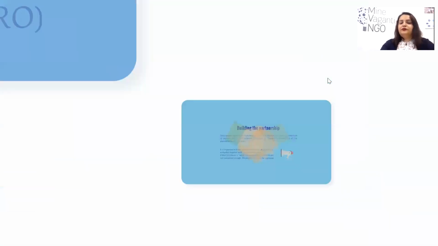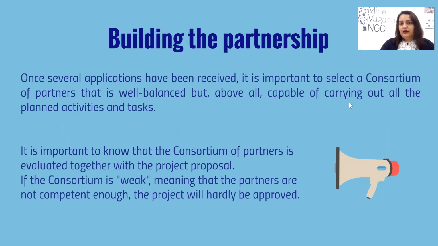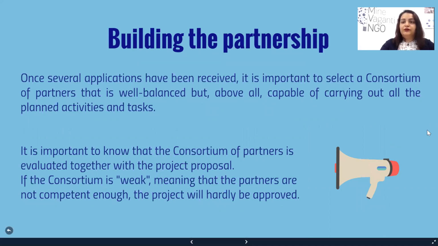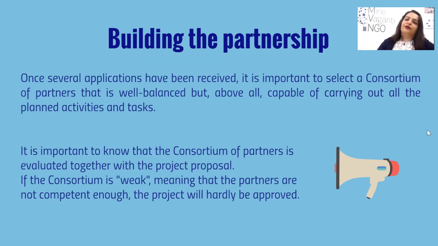Then, when you receive a certain amount of candidatures, it is time to decide which will be your official partners in the consortium. It's not really easy to choose, but you need to keep in mind that in each project, the consortium of partners receives a specific evaluation.